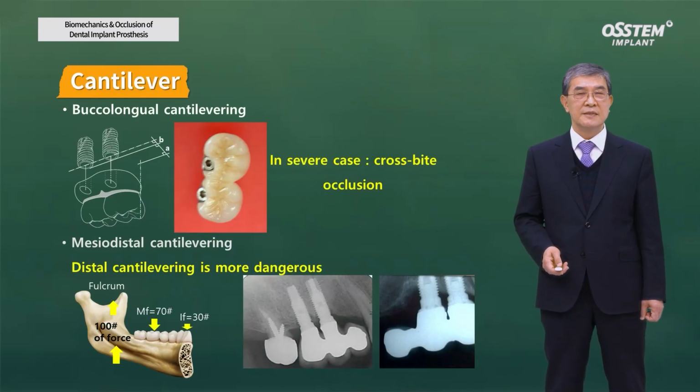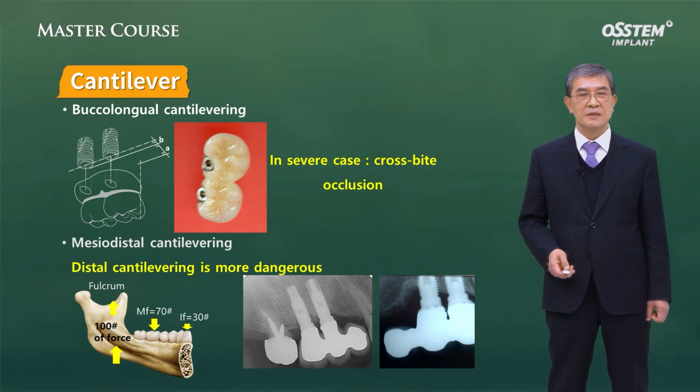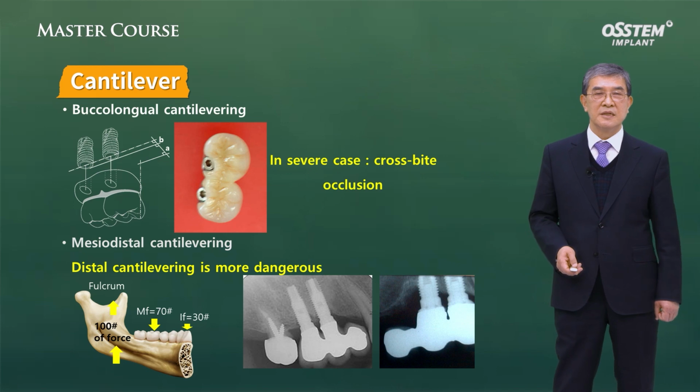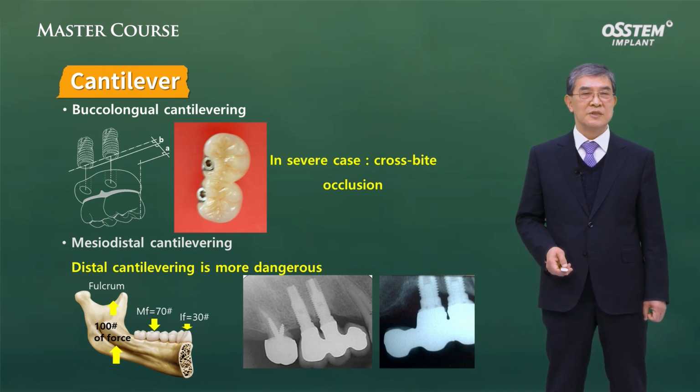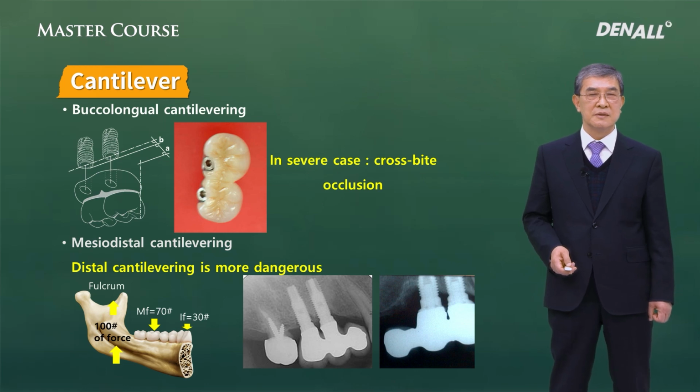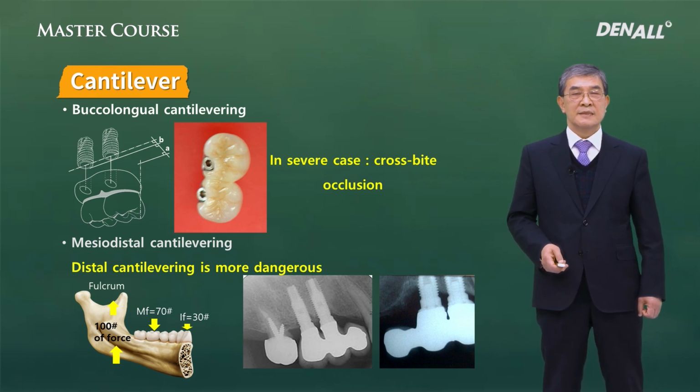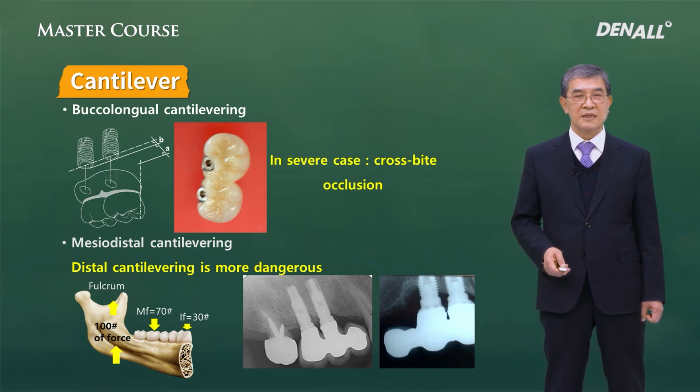Next is cantilever. We can think of cantilever in bridge and edentulous cantilever cases. First, in bridges, buccolingual cantilevering can be considered. If there's a dentulous ridge in the upper and there's a lot of bone resorption, if you place the implant naturally, it will be palatally positioned.